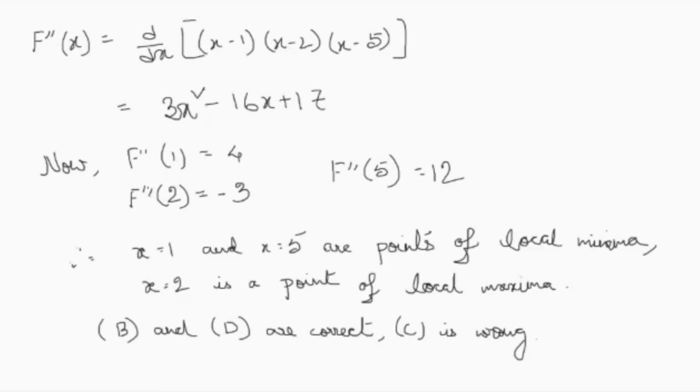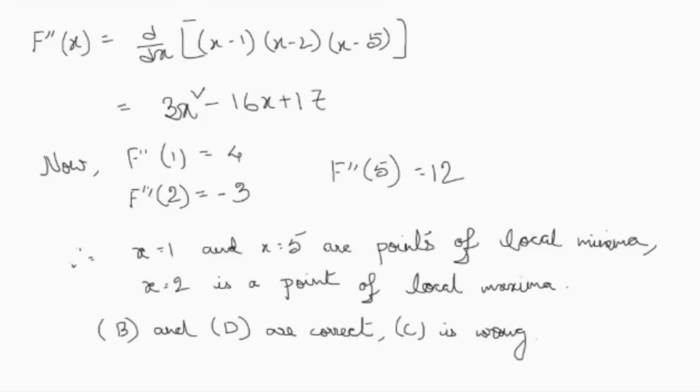I did it for a particular reason because I will be needing this polynomial for checking option A, in the approach I use for this problem. So F''(x) comes out to be 3x squared minus 16x plus 17.